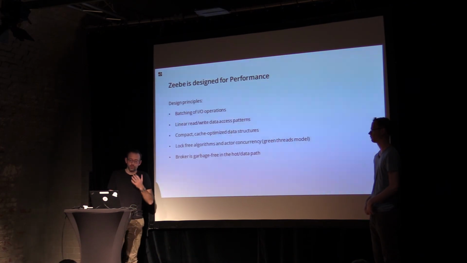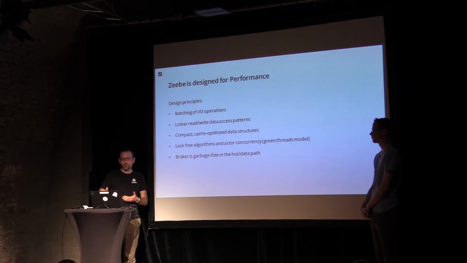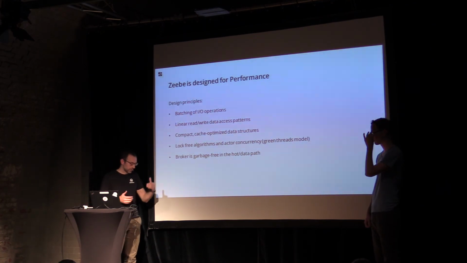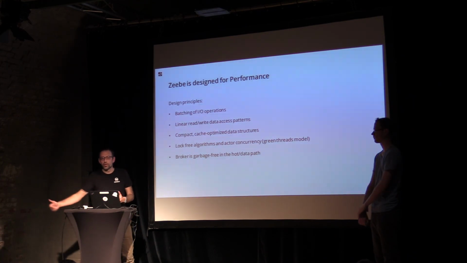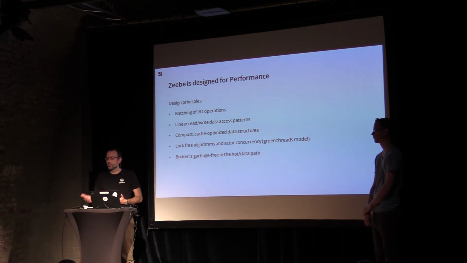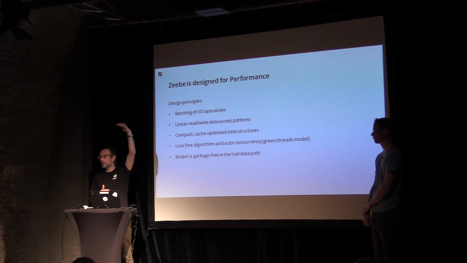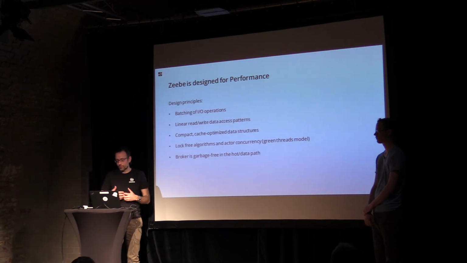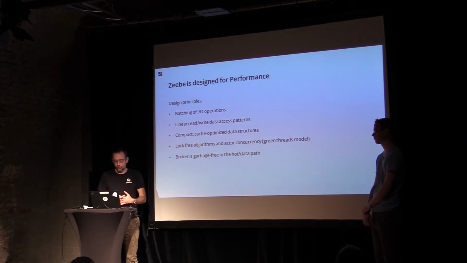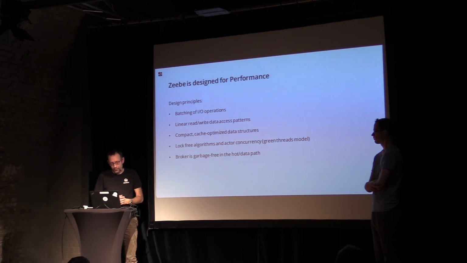Well, by batching. If you do a write to the file system, it doesn't matter if you write 2 bytes or 500 bytes. It will be more or less the same speed. This is like 2 people going into an elevator versus 5 people going into an elevator. They will all arrive at the 5th floor at the same time. So there are constant costs around an I/O operation, and batching helps us there.